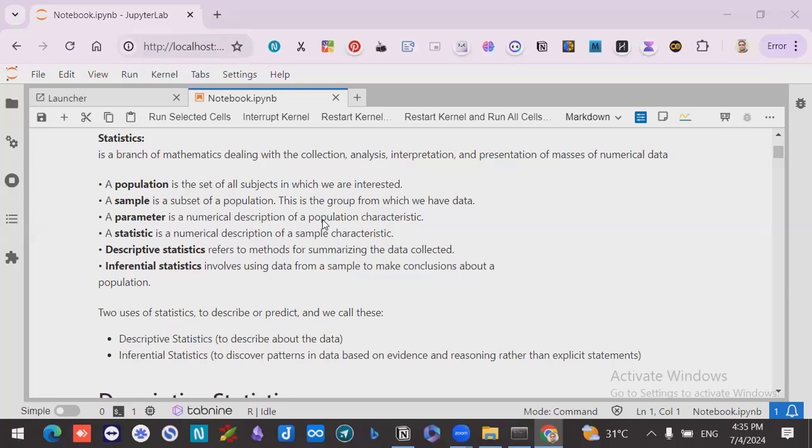Okay. Now, what does descriptive statistics indicate? It will summarize the data you collected, and it gives certain methods to summarize. Inferential statistics involves using data from a sample to make conclusions about a population. These are the keywords, the sentences we have to remember first to understand any statistical concept.